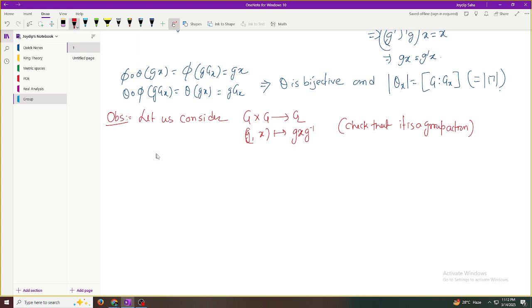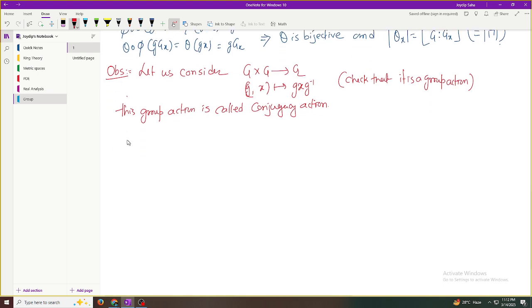This group action is called conjugacy action. Now what is Ox?